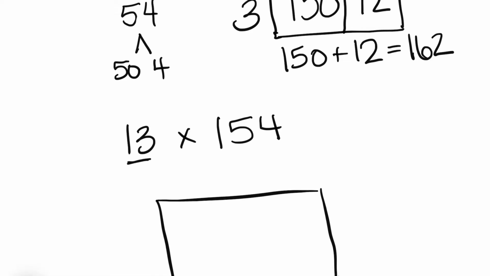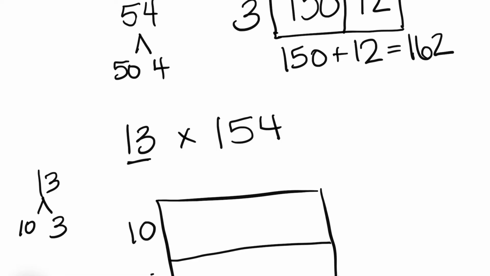This has 2 digits, so on the side I'm going to break down this 13 into a 10 and a 3. You can choose any numbers you want to multiply with. You can do 6 and 7, you can do 11 and 2, but I just choose the friendliest numbers that I can do myself. And then we're going to break down this 154.